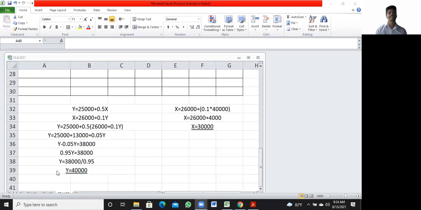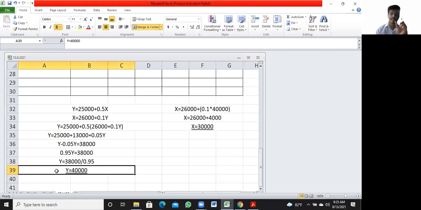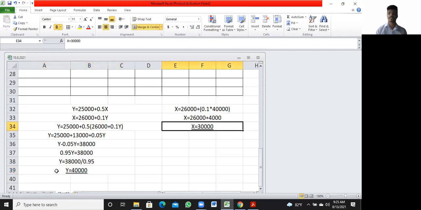Now we have identified the value belonging to y is 40,000. That means in service cost center y, a cost of rupees 40,000 may be collected, and the value for x is 30,000. That means in service cost center x, the total cost collected is rupees 30,000.